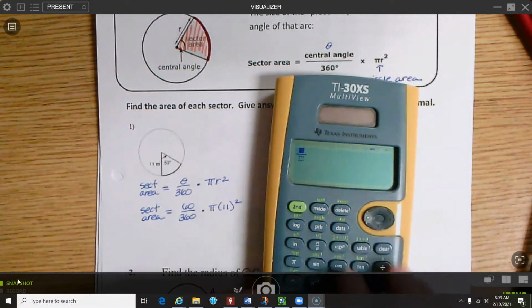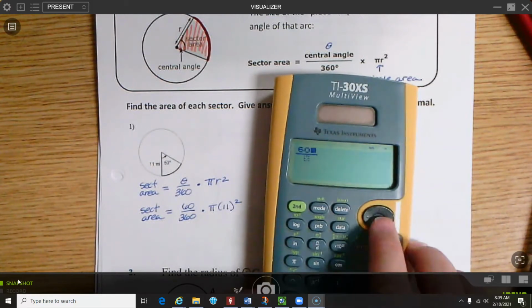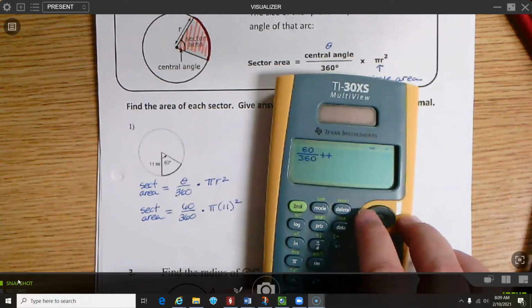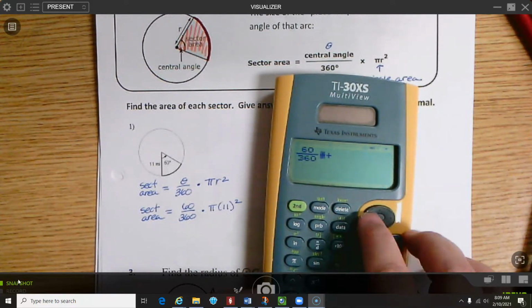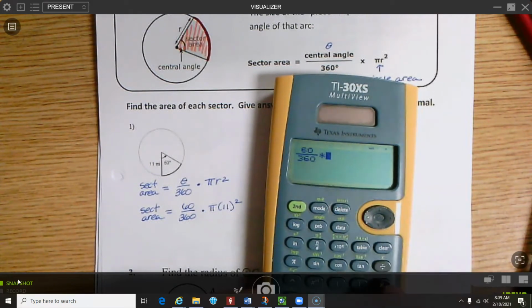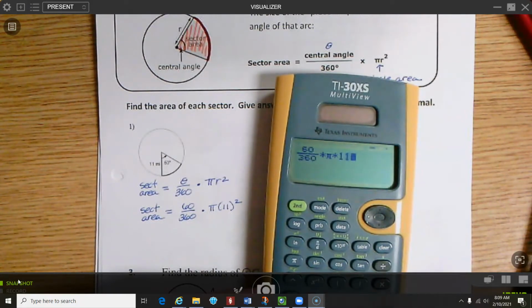But I'll go ahead and type it in the way it's written, just to show you. Sorry, it's not plus, it's times pi times 11 squared. And we get 121 pi over 6.